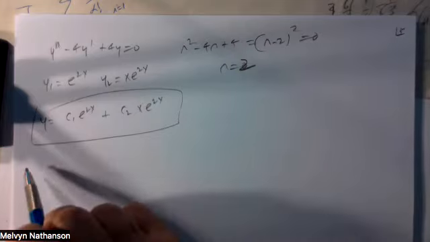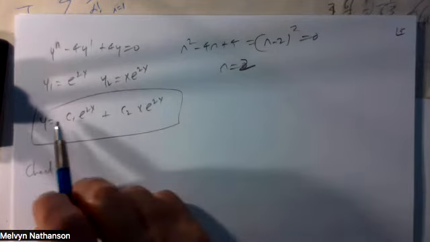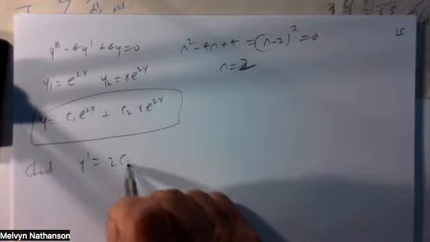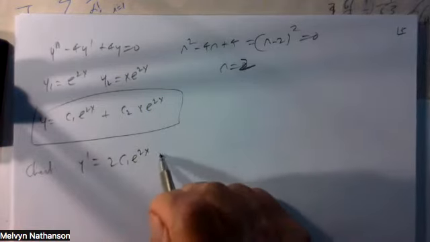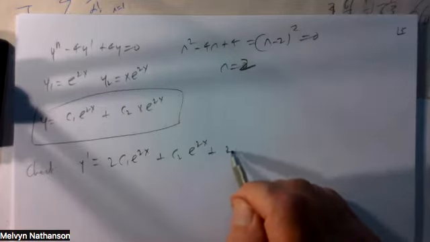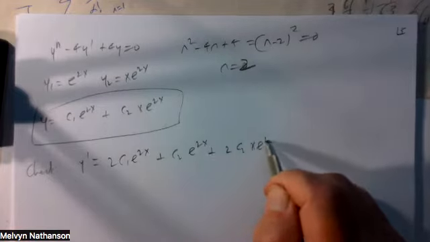Let's check. If this is equal to y, y prime is 2c1 e to the 2x plus c2 e to the 2x plus 2c2 x e to the 2x.